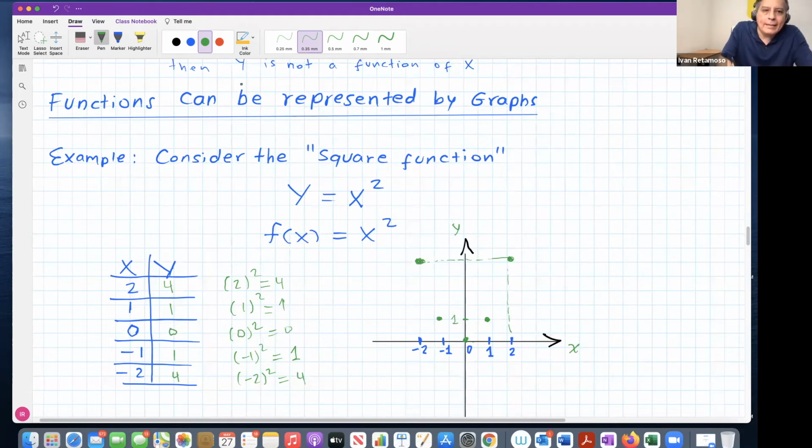You can connect them with a smooth curve. And that, guys, is going to give you the graph of this square function. This U shape that you see here, opening upward, is called a parabola.